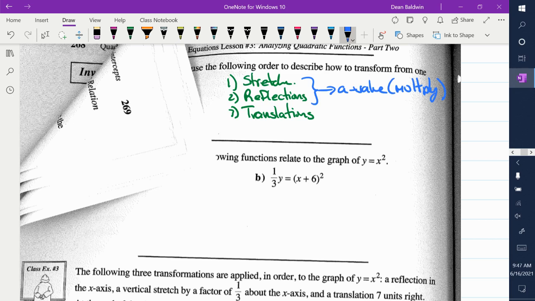It's a negative A value. So if your A value is -2, you just multiply everything by -2, and that will give you the flip. Okay? And then the translations are the P and Q. So all you have to remember is do your A value first, and then you do P and Q. You multiply, and then you add or subtract.